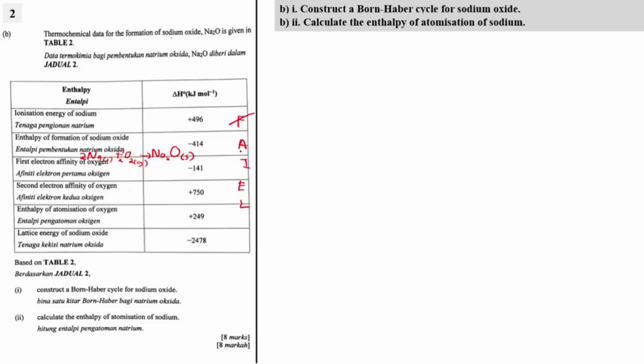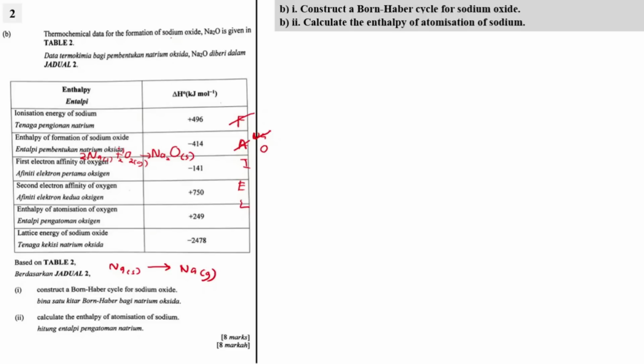Next, we need to do the atomization. For atomization of sodium, it is not given in the enthalpy list here. But logically it should be Na solid becoming Na gas. So that's atomization for Na. Now we need to do atomization for oxygen.